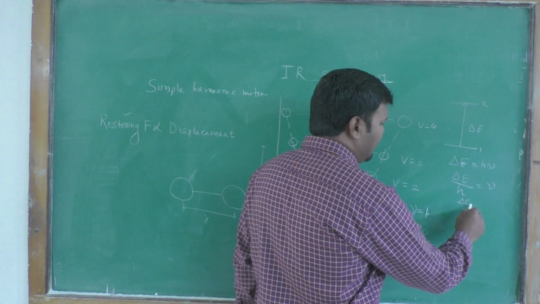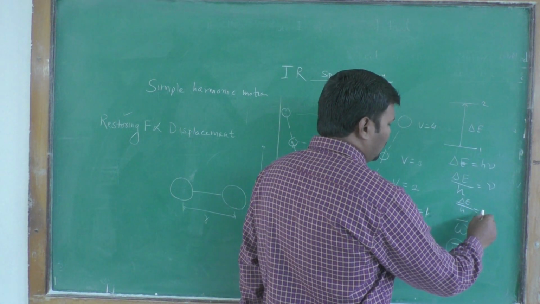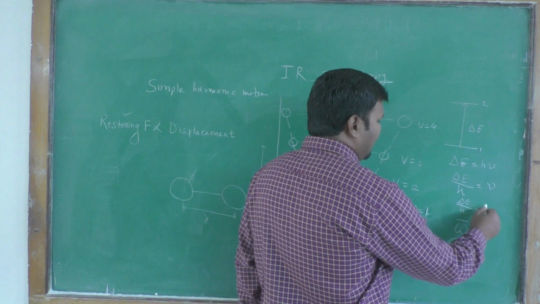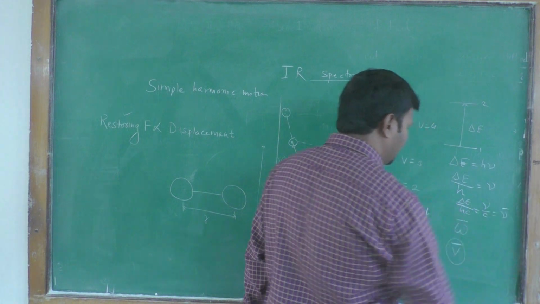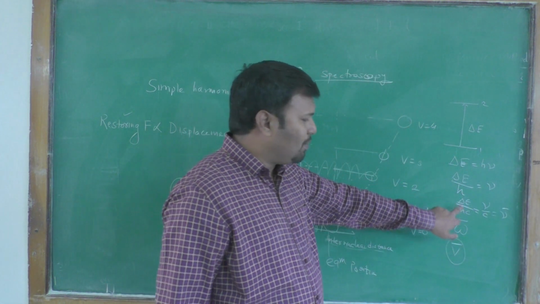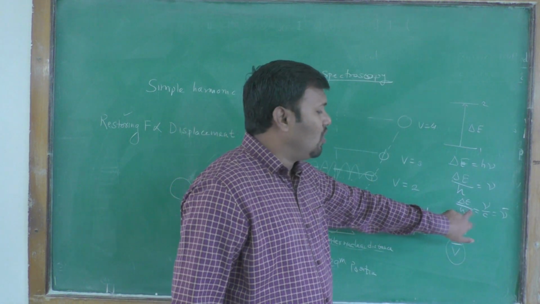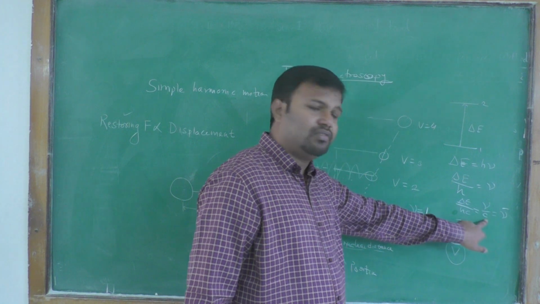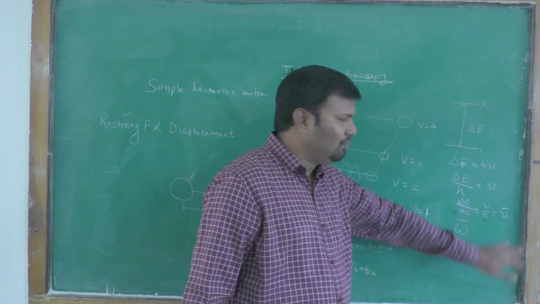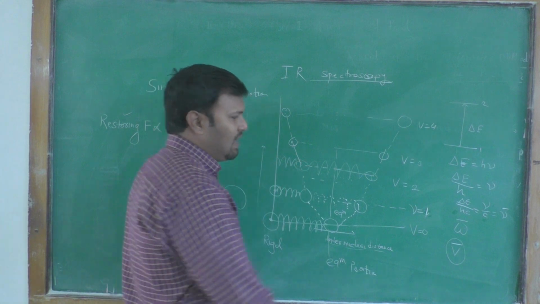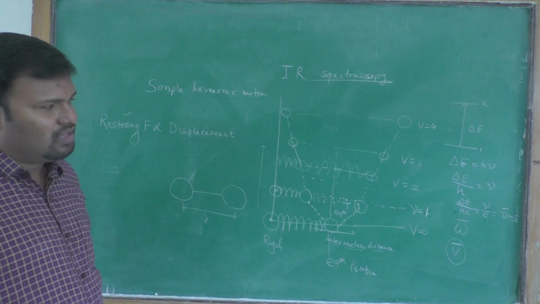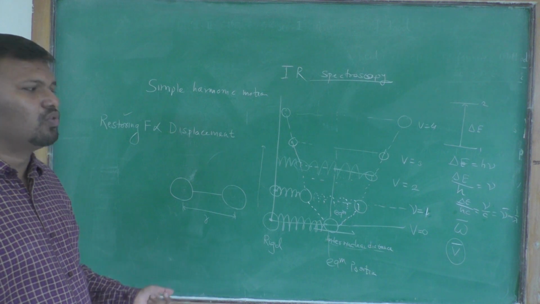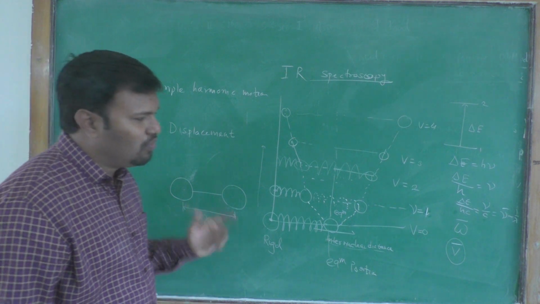Therefore delta E upon h equals nu, and nu upon c is nothing but nu bar. Remember that delta E upon hc, or the frequency upon the velocity of light, is nothing but nu bar, that is 1 upon lambda. This is an important relation: delta E upon hc equals frequency upon c equals nu bar.